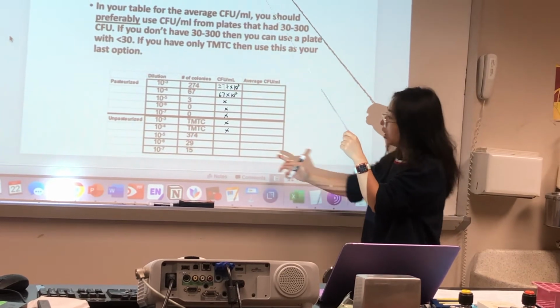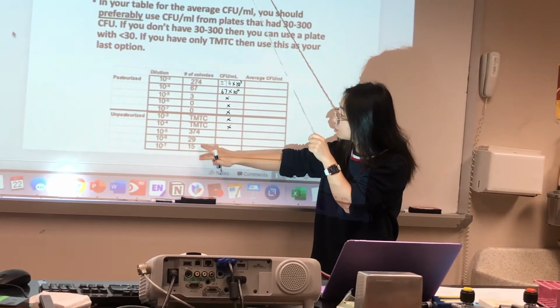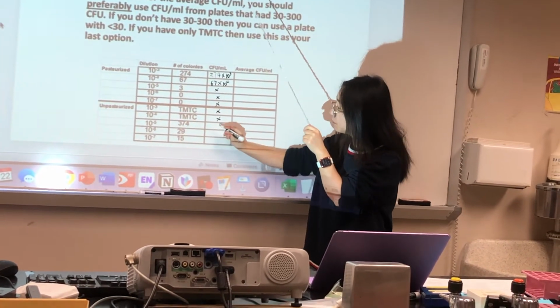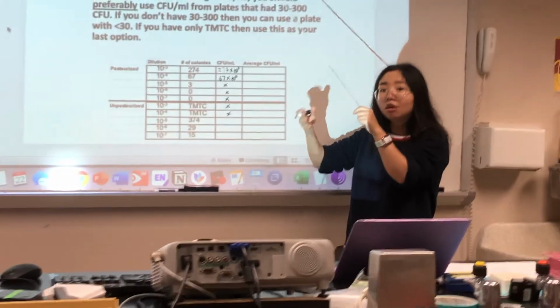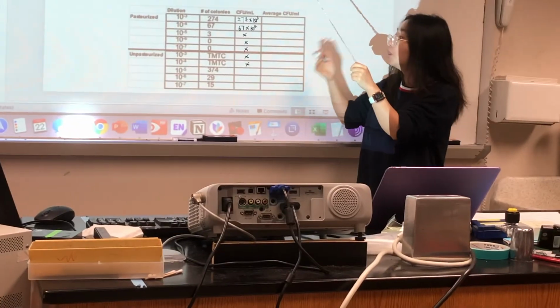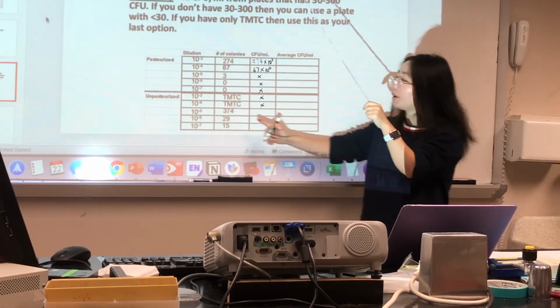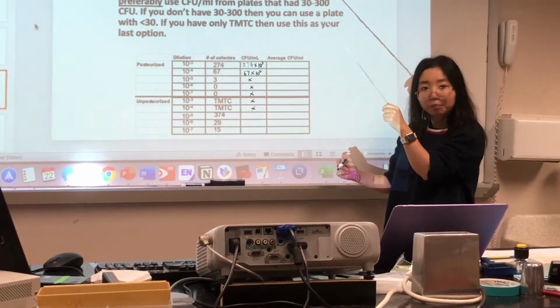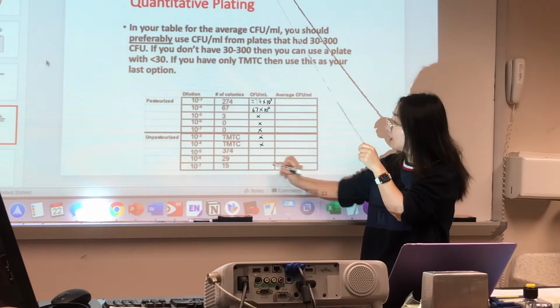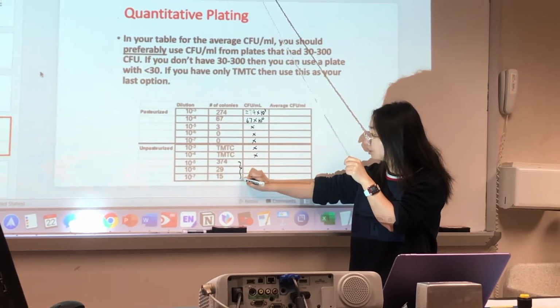If it presents you more than 300, since there is no good number for me to utilize to get my average CFU per ml for my unpasteurized raw milk sample bacterial concentration, I'm going to directly use this 3.